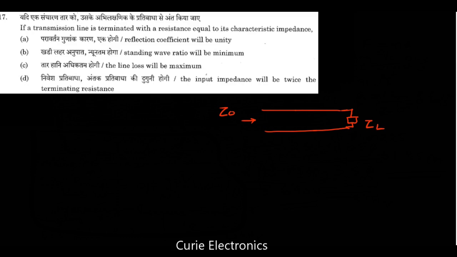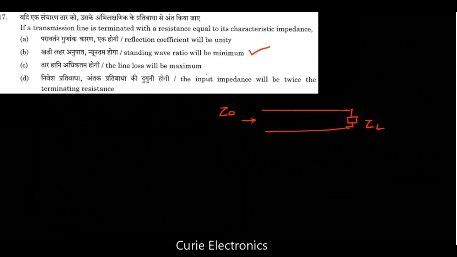What happens if the load impedance and the transmission line characteristic impedance are perfectly matched? There won't be any reflection of the wave, so the standing wave ratio will be minimum. For this question, the answer is option B.